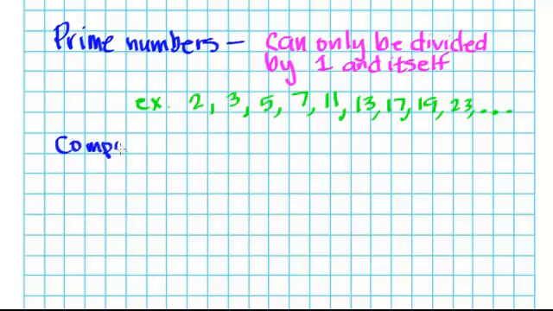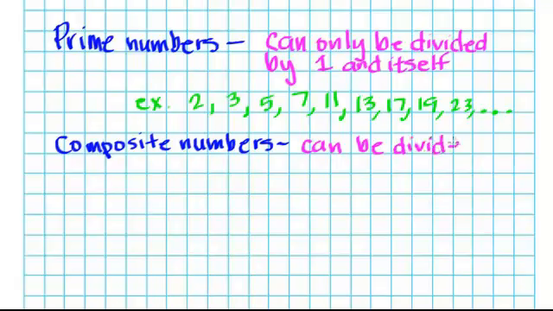Composite numbers. Composite numbers can be divided by more than 2 numbers.